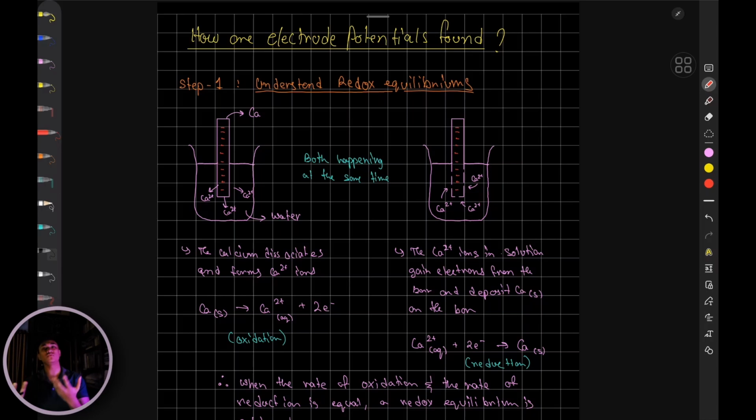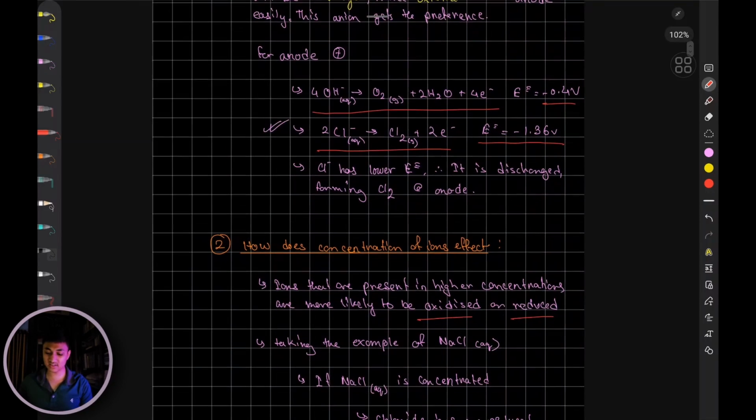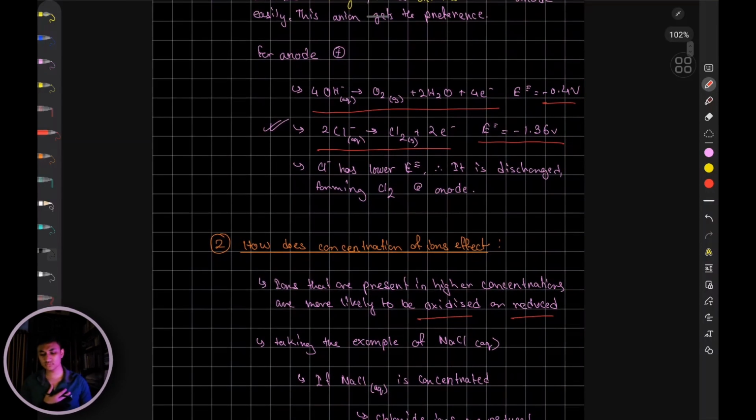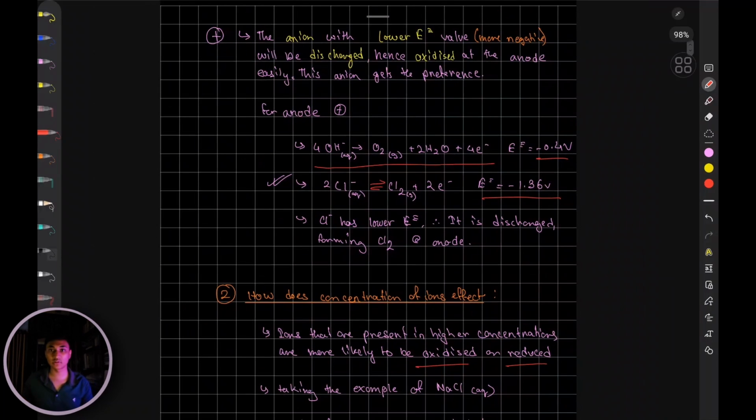What does it even mean to have an electrode potential? We saw that, let's say, in case of the chloride ions, you have an electrode potential. It gets discharged, right? And due to that process of being discharged, or let's say also being charged, this is actually an equilibrium. It is not a one-way reaction.